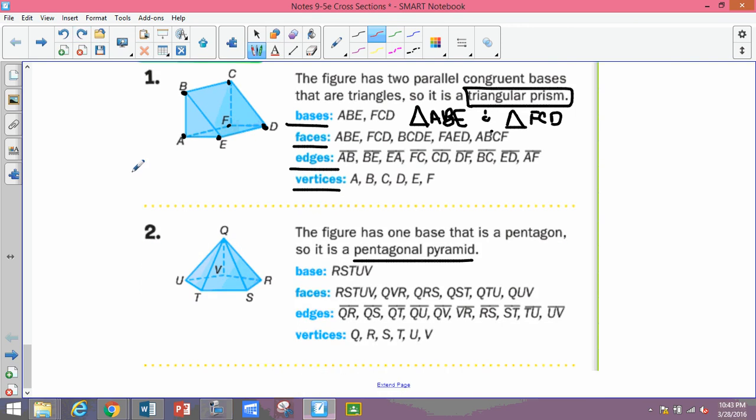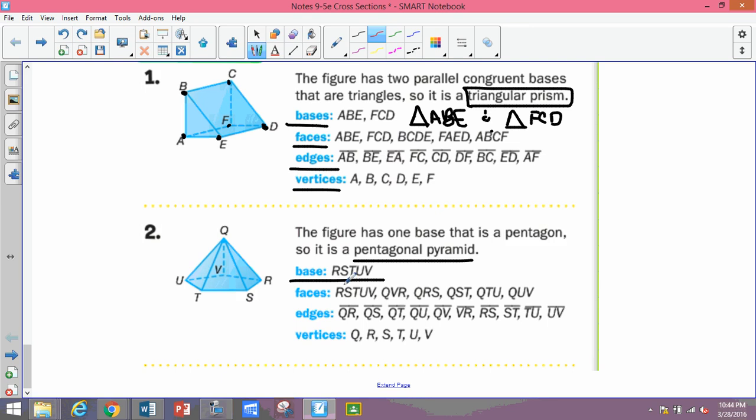All right, so now the next shape we have is a pentagonal pyramid. It's a pentagonal pyramid because it only has one base, and the base is a pentagon. And the base then is RSTUV. That's our base. Okay, then you have to do the faces.